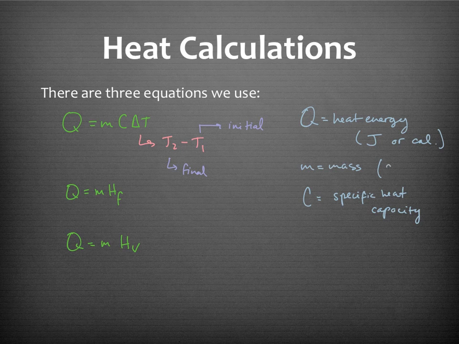So our unit for mass is grams, and our unit for specific heat capacity is joules per gram degrees Celsius, or degrees Kelvin. So it's telling us how many joules of heat you need to increase 1 gram of a substance by 1 degree Celsius. Okay, T is temperature.